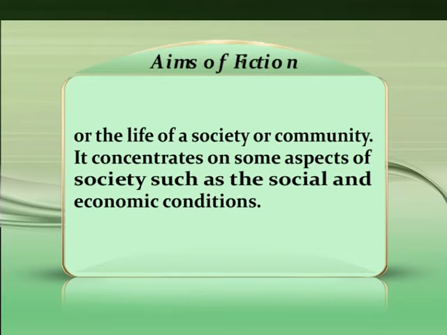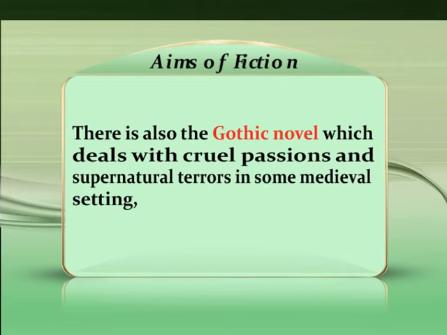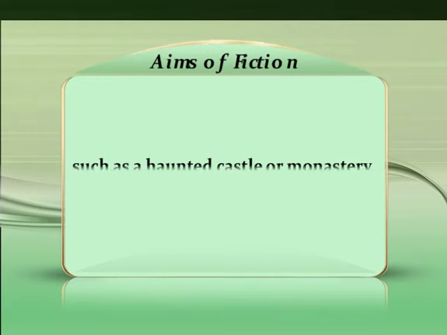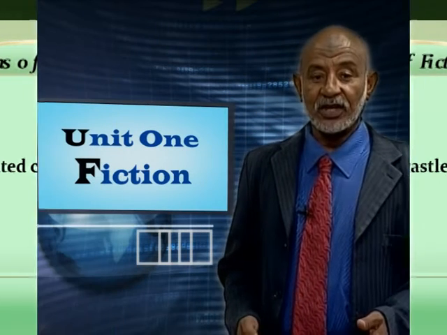It concentrates on some aspects of society, such as the social and economic conditions. There is also the Gothic novel, which deals with cruel passions and supernatural terrors in some medieval setting, such as a haunted castle, a haunted monastery, or a haunted house, as we say.